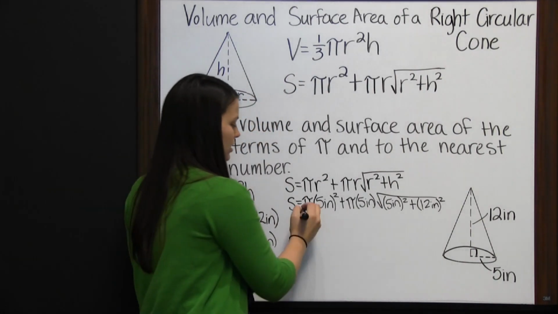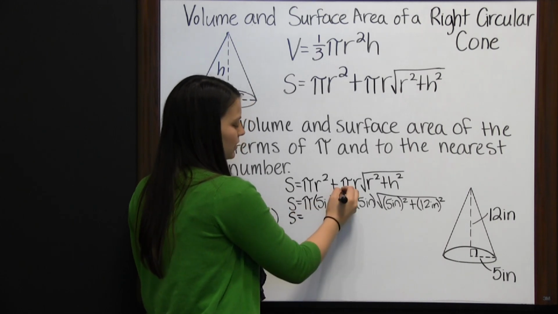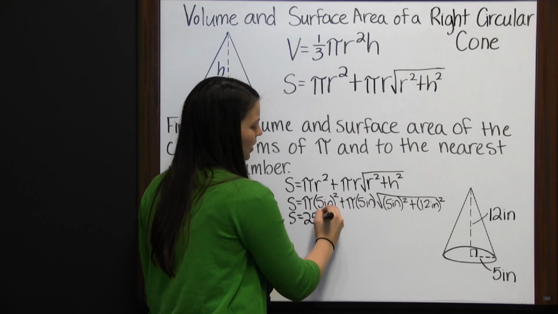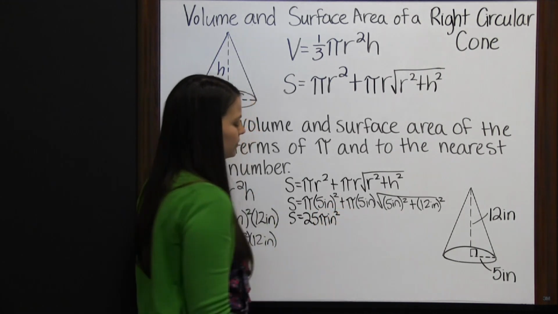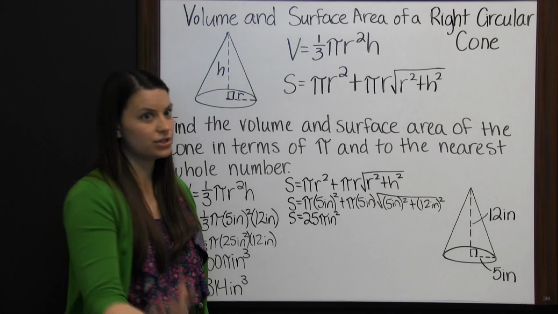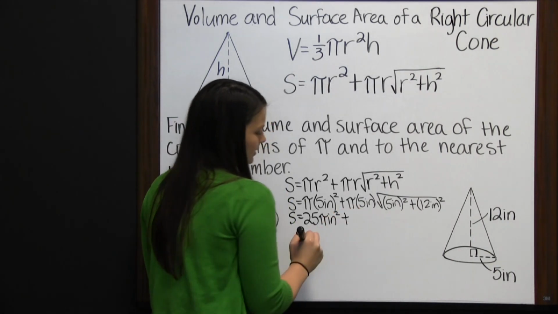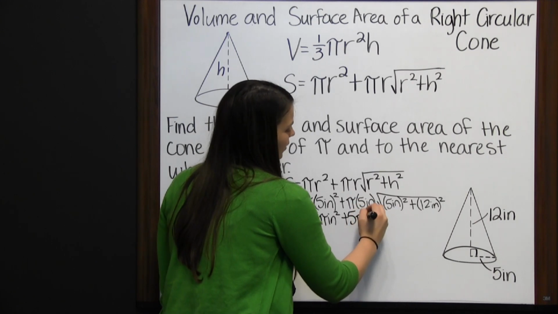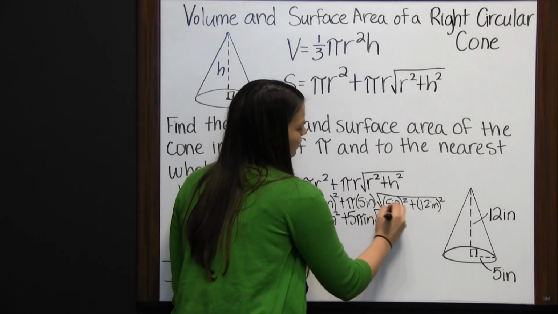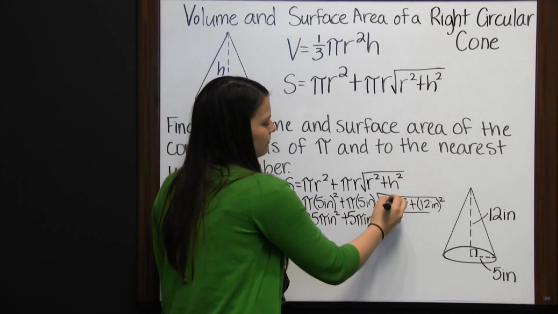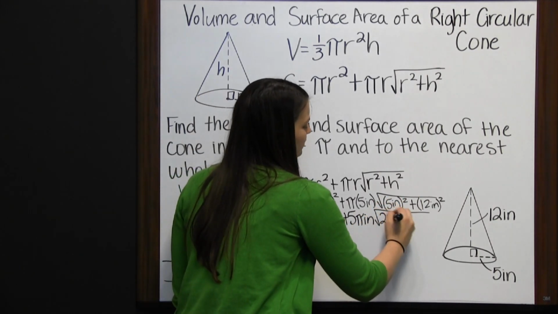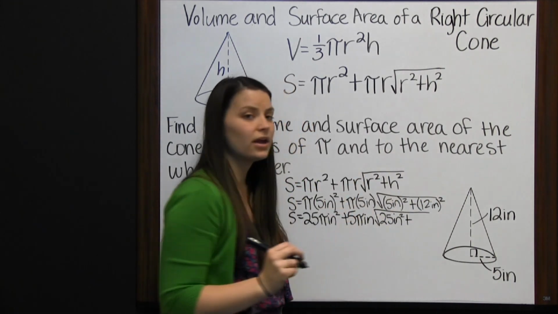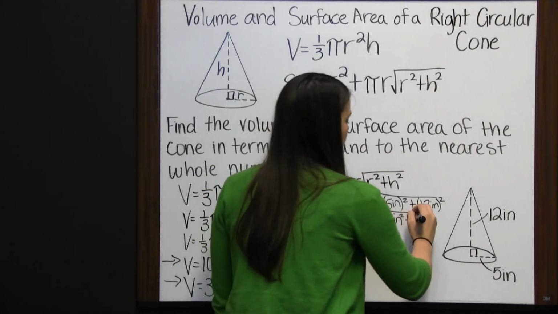So I'll start here with 5 inches squared, 25 inches squared times pi, 25 pi inches squared. Now to get to after our plus sign. 5 inches times pi is just 5 pi inches for now. And then we're going to simplify under our radical. 5 inches squared is 25 inches squared, plus 12 inches squared is 144 inches squared.